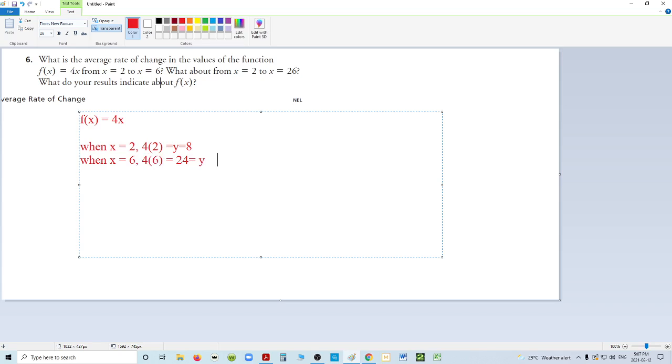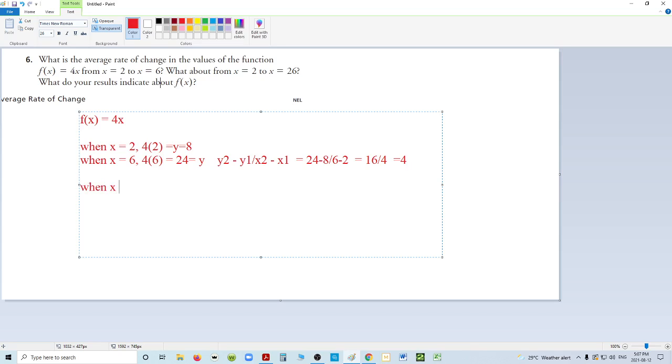Which means that y2 minus y1 divided by x2 minus x1 is equal to 24 minus 8 divided by 6 minus 2, which is equal to 16 divided by 4, which is equal to 4. And guess what? That's the slope in front of the line, which just goes to show you the rate of change in a line is consistent.